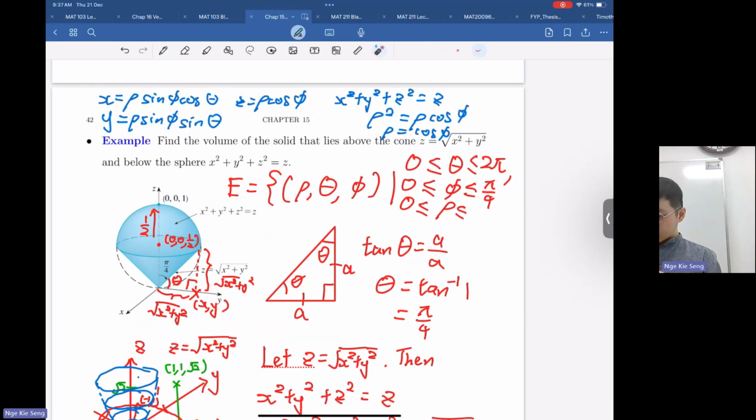So you can use rho equals cos phi to draw the sphere now. You are bounded above by this sphere, so your radius goes from 0 all the way to the sphere, which is cos phi.